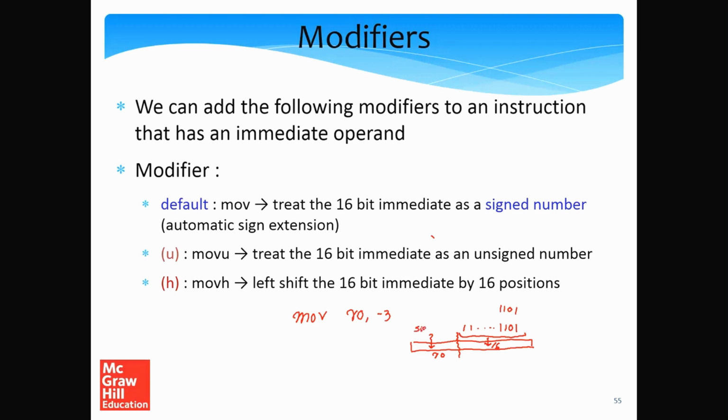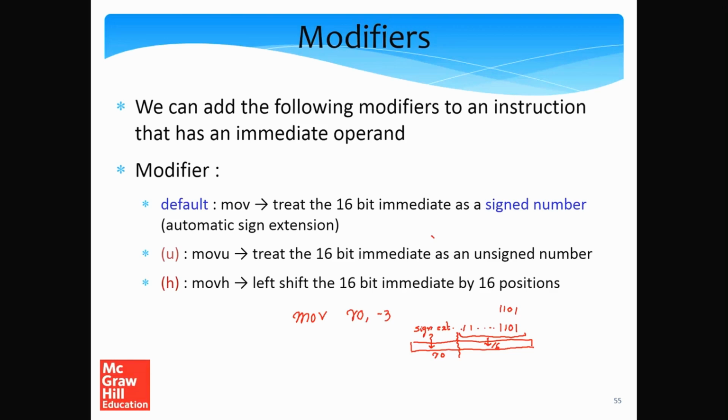So this is the default behavior which all of us expect, that a sign extension will happen. So essentially we are treating the 16-bit immediate as a signed number, and there is automatic sign extension happening. So this ensures that if we have represented -3 in assembly, -3 is also what gets stored in the register R0. But of course, since R0 is 32 bits, relevant sign extension is being done.